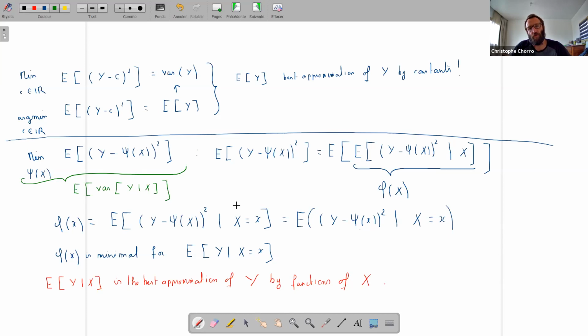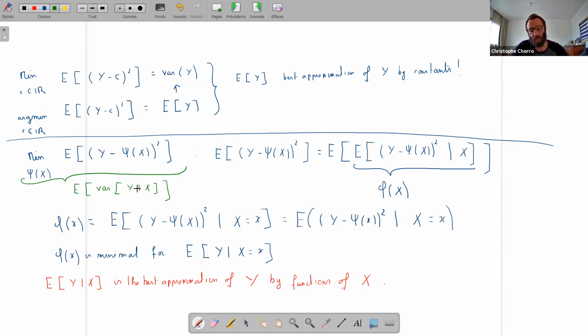If I do the same for the approximation by a function of x, the best approximation is given by the conditional expectation. And if I plug this in, I obtain the expectation of the conditional variance of y given capital X. This is a quantity that measures the quality of my best approximation by a function of x.